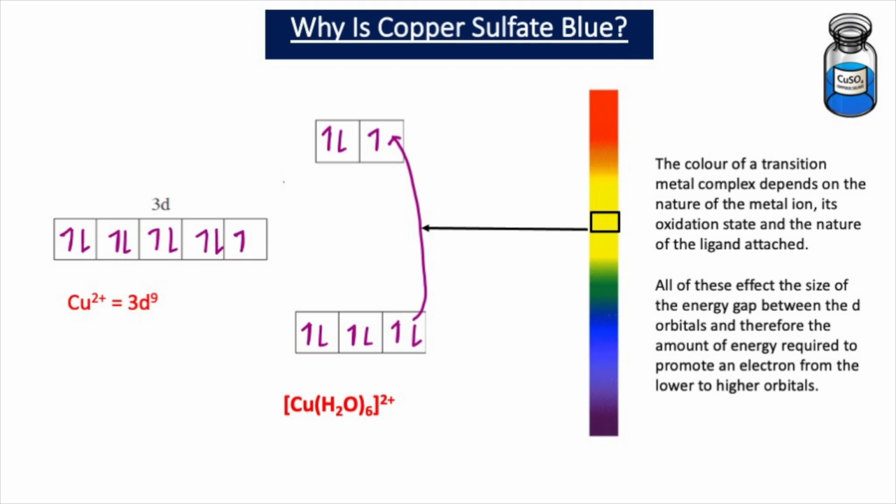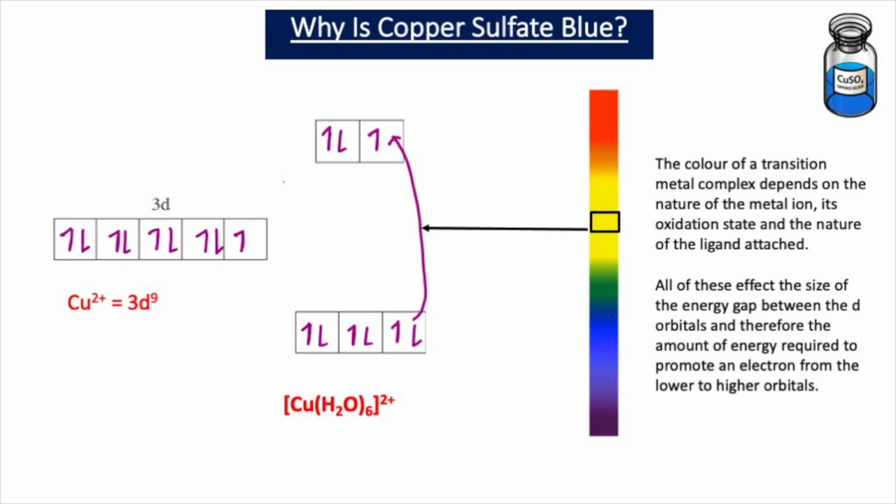And this is because it's all down to the repulsion that exists between the electrons in the transition metal ion and the electrons on the ligand. The amount of repulsion determines the energy gap between the d levels. So you have to remember that the colour is caused by transition metal complexes.